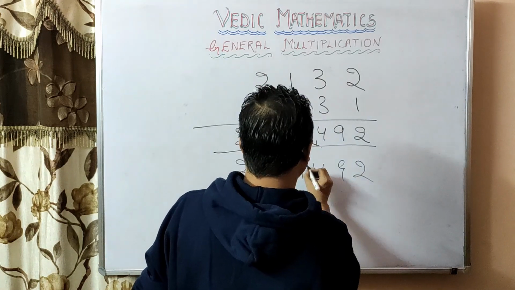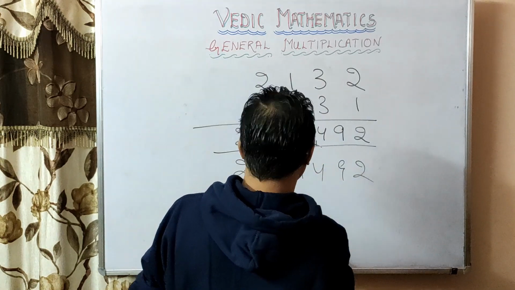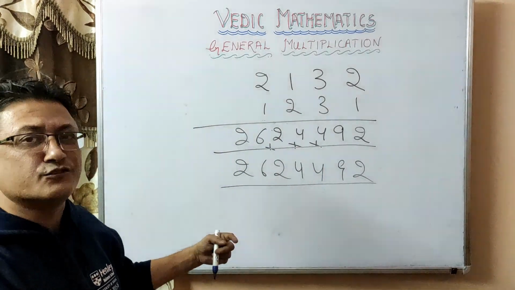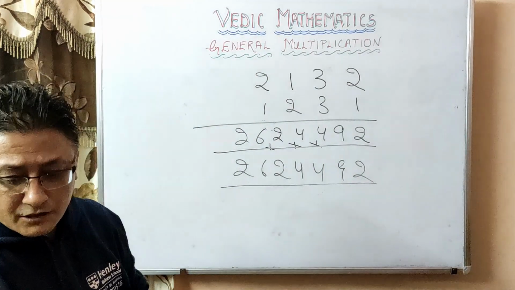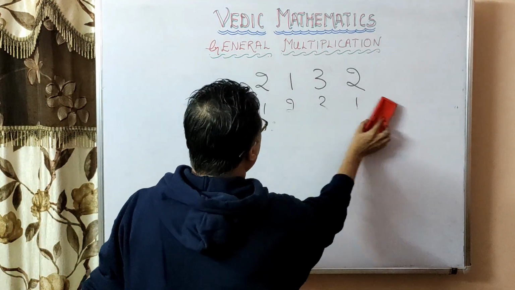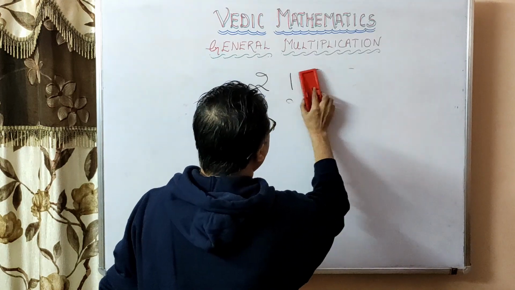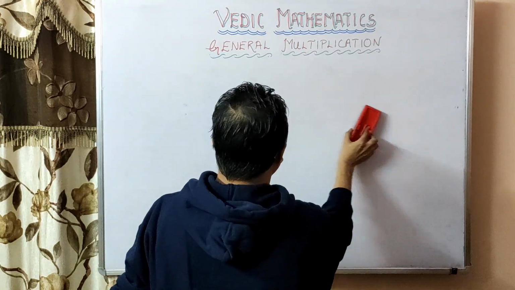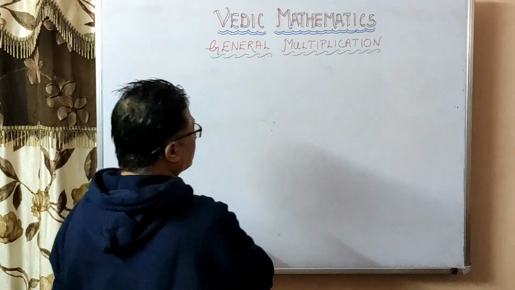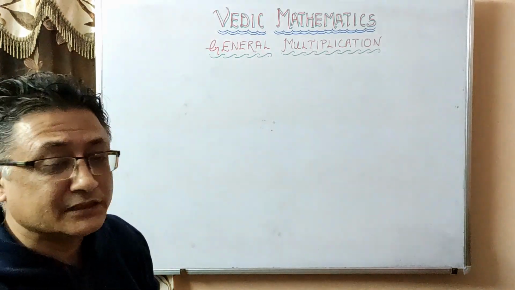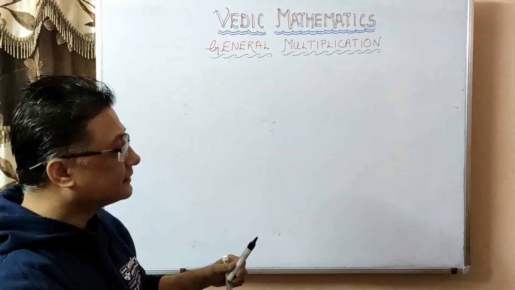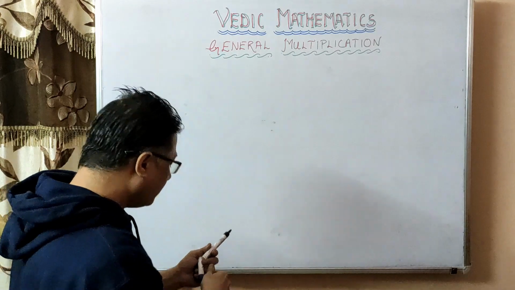So look how easy and how fast that is. I was explaining the method to you, so it took me time. Otherwise, the method is very, very fast. So now let's take up an example of a 5-digit number and the path that it follows, and we will leave after explaining to you the method involving 5-digit numbers, and you can then practice for 6-digit numbers, 7-digit numbers and 8-digit numbers on your own.